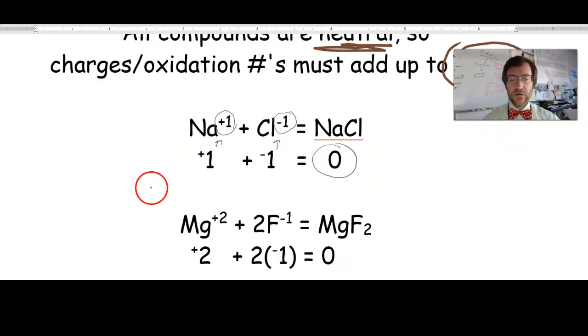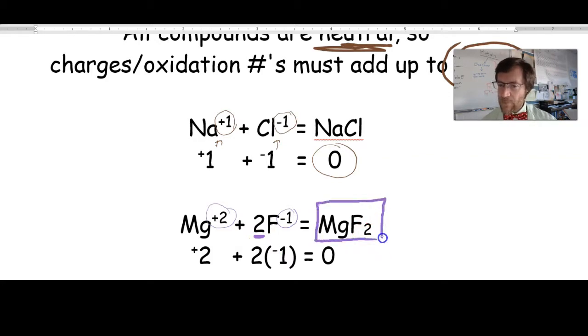Super easy peasy, right? Now, same thing. Here we have magnesium. It's a 2+. And since fluorine here is only a -1, we have to have 2 of them, right? So we're going to have a 2-to-1 ratio, and so this is our formula. I'm wondering if you might see a bit of a pattern here. Magnesium is a 2+, fluorine is a 1.